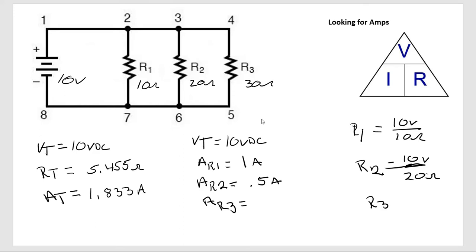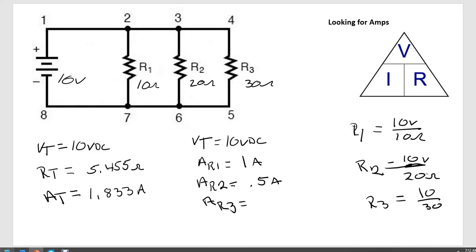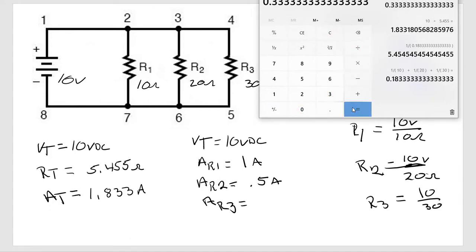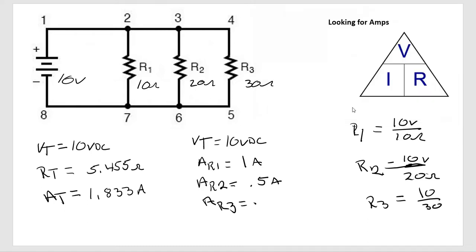And for R3, that would be 10 divided by 30, which I know, but we'll just do it in the calculator anyway to show you how to do it. 10 divided by 30 equals, and there we go.